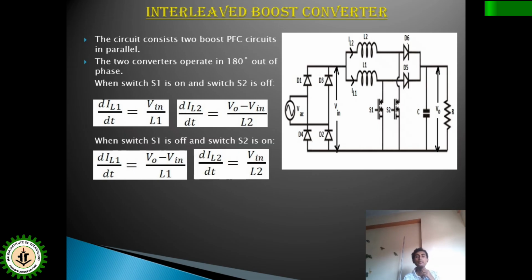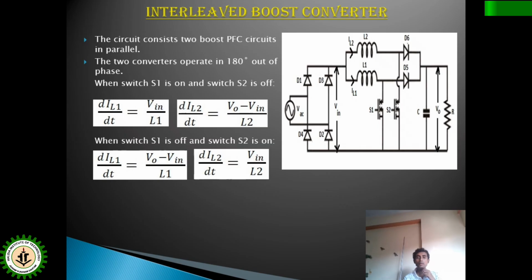On the other hand, when switch S2 is on and S1 is off, IL2 will flow through L2 and switch S2 then back, and IL1 will flow through inductor L1, diode D5 and load. So at that time IL2 is increasing, IL1 is decreasing. So the sum of IL1 and IL2 always gives a constant current.